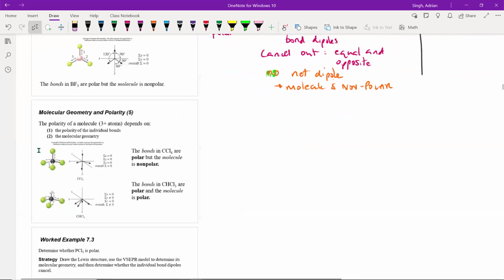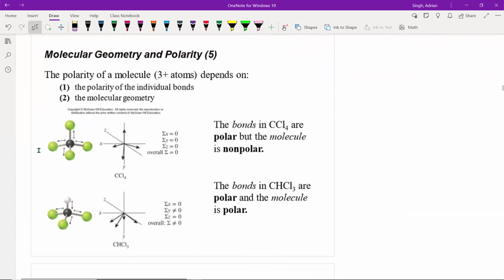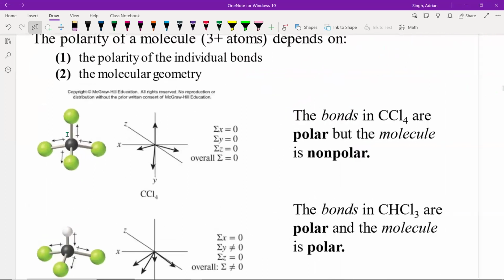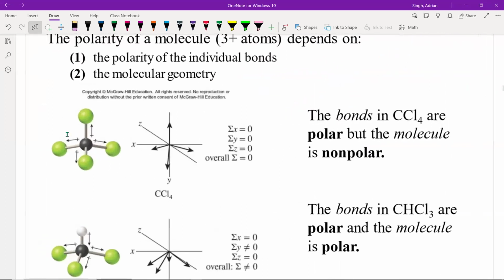We'll take a look at a couple more examples. This is the case of carbon tetrachloride, CCl4. And that shape, as you probably know by now, is a tetrahedral shape for CCl4, according to the VSEPR model. It's like a tripod with the head sticking out. This is my carbon here in the center, with chlorines all the way around.